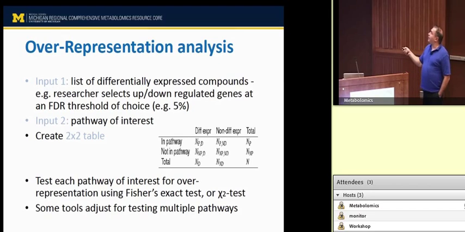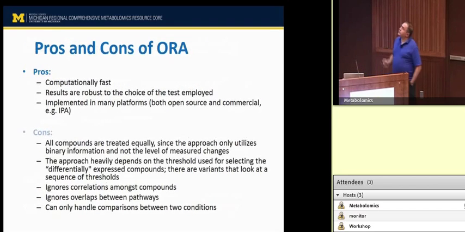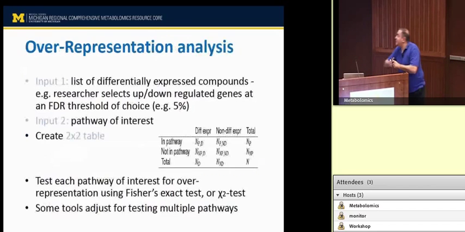So this is very simple and computationally inexpensive, given the fact that these tests are very easy to run and they are programmed in many software packages. So the pro is that it's computationally fast, and the other thing is that whatever exact test you use, so essentially which procedure you used in order to call a particular compound differentially expressed, whether it was a t-test or a more robust version of the t-test or a permutation test, the results are fairly robust.